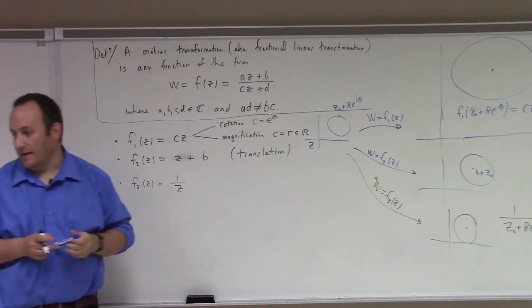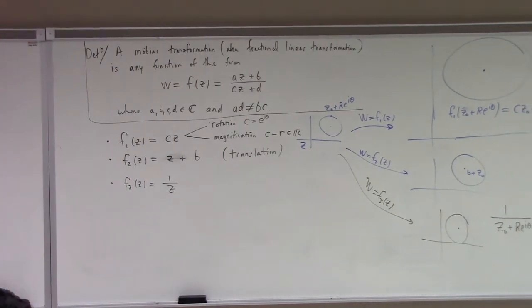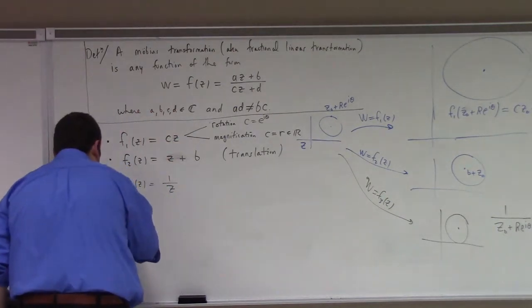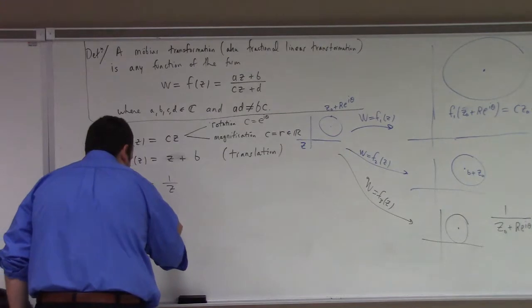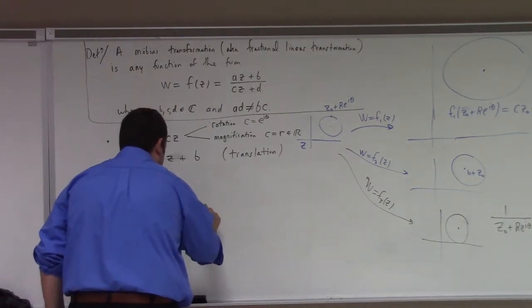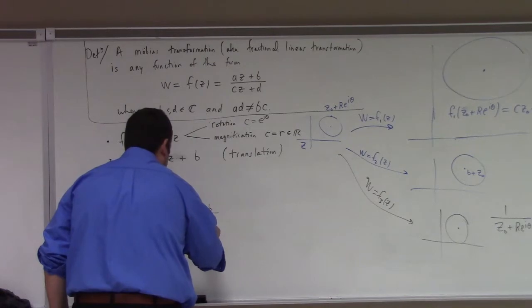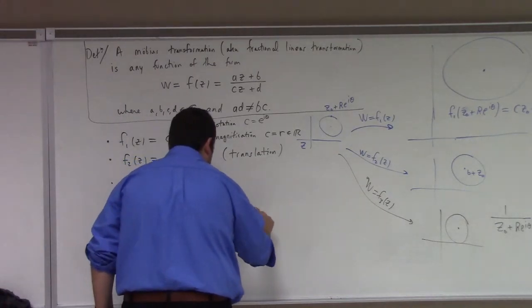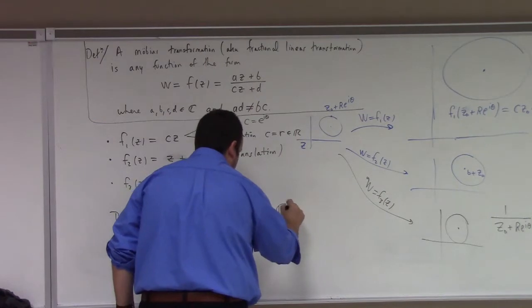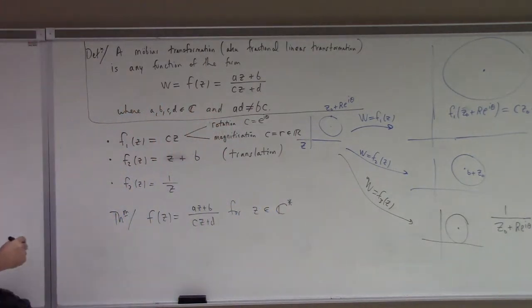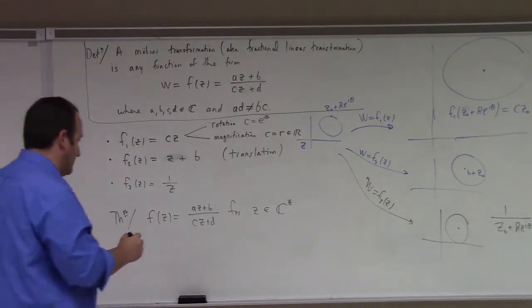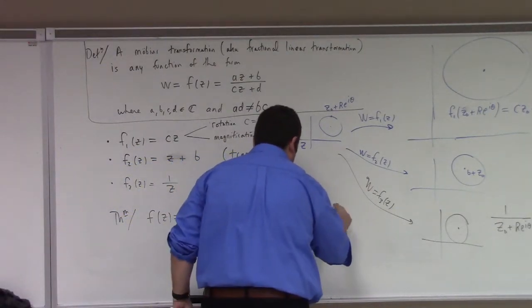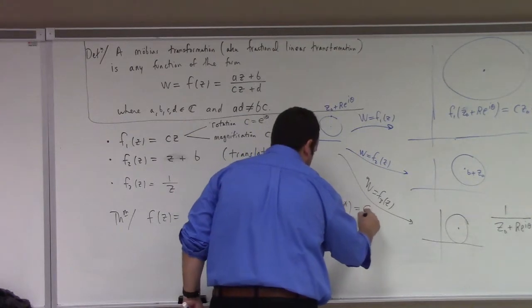Okay? And there's more. You can prove that the Mobius transformation maps the extended complex plane one-to-one onto itself. So if we look at f of z equals az plus b over cz plus d for z in C star, then f of C star is C star again.